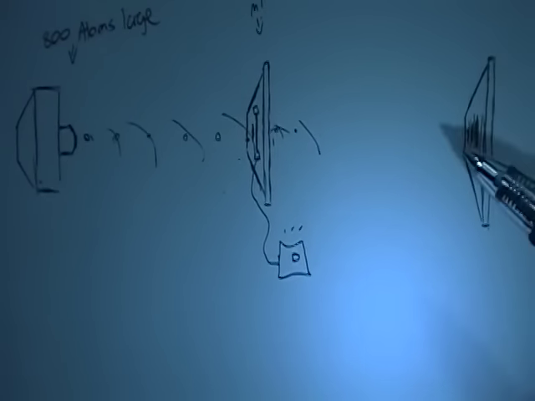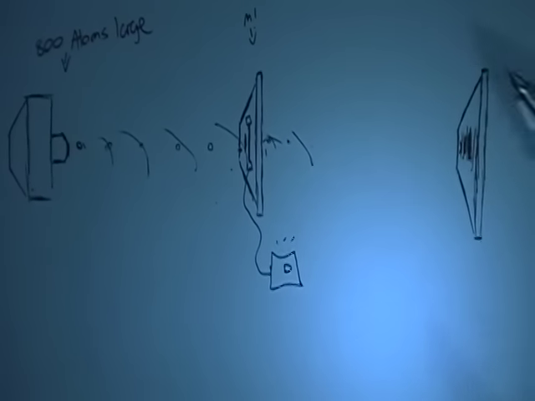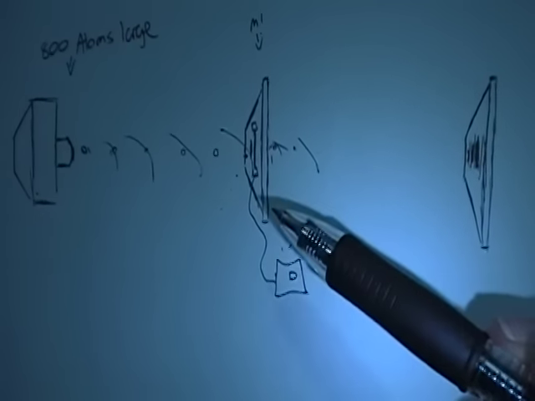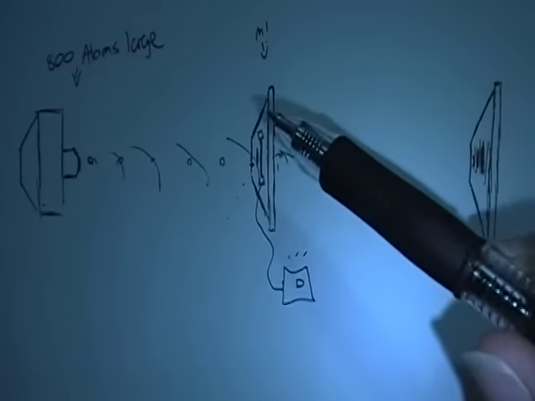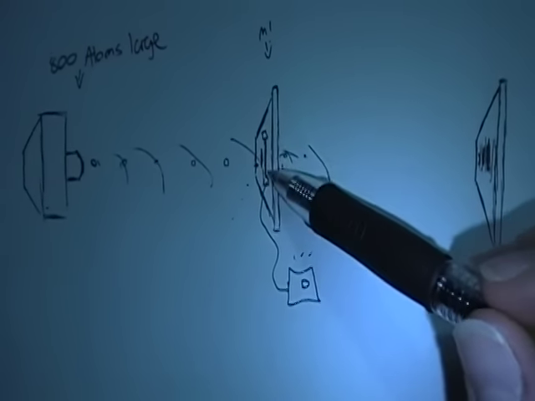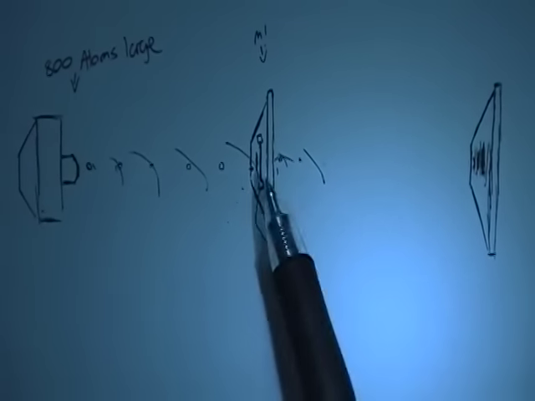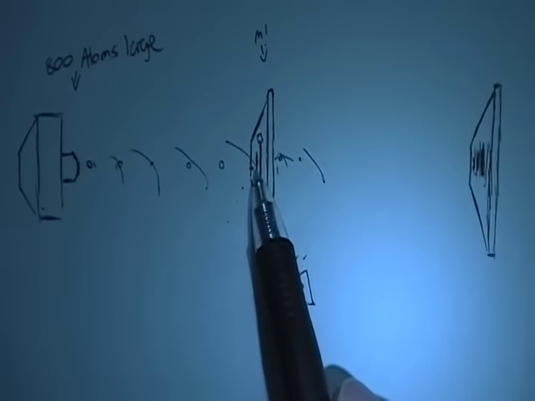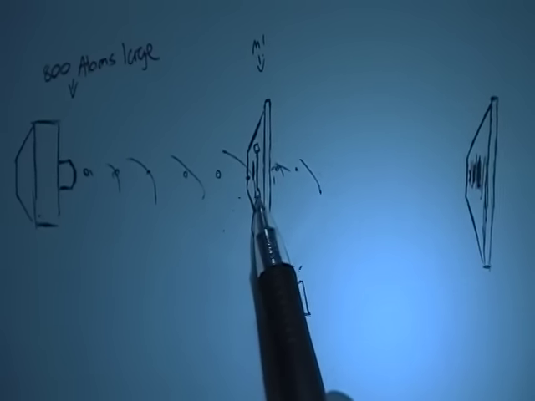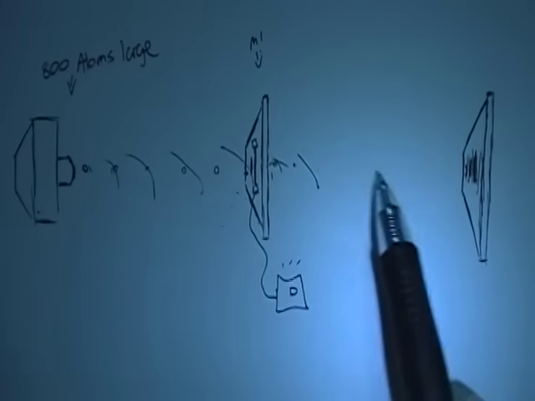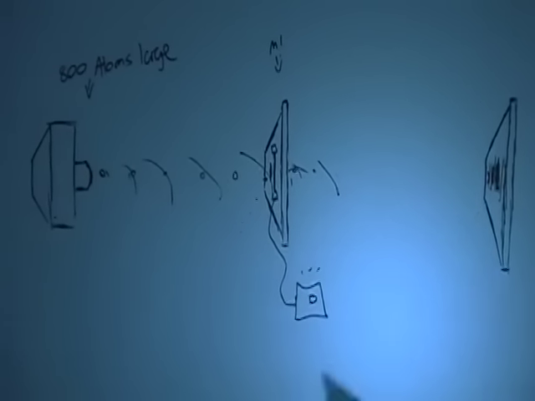So what this shows effectively is that the wave function collapse is not caused by interaction between the measuring device and the particle, because sometimes it goes through this slit and it is not interacted with at all by our measuring device, and yet the wave function is collapsed.